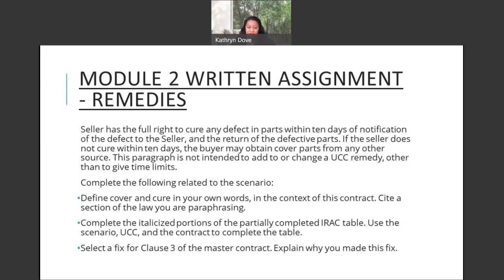Complete the italicized portion of the IRAC table provided in the assignment. Use the scenario, the UCC, and the details of the master contract. And then finally, select a fix for Clause 3 of the master contract and explain why you chose to modify the contract.